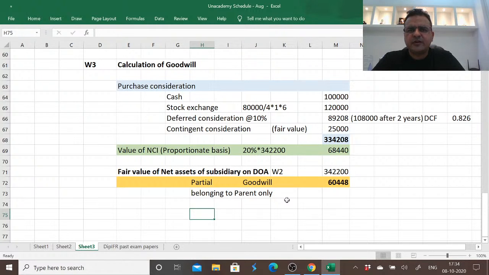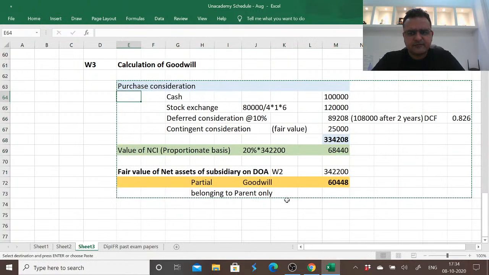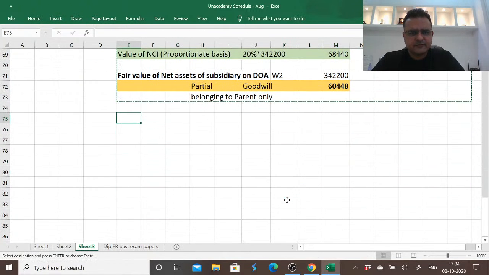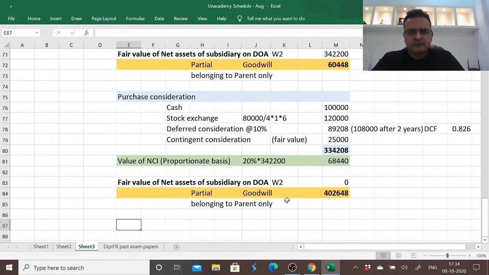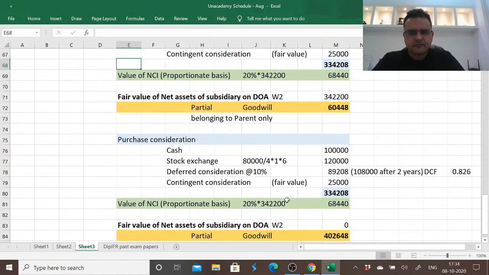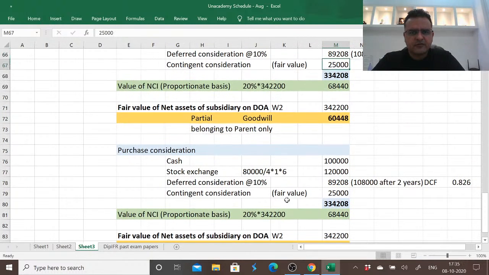So valuation of goodwill is dependent on valuation of NCI. The same calculation you would do for value of NCI on fair value basis. This was value of NCI on proportion basis. This is value of NCI on fair value basis.